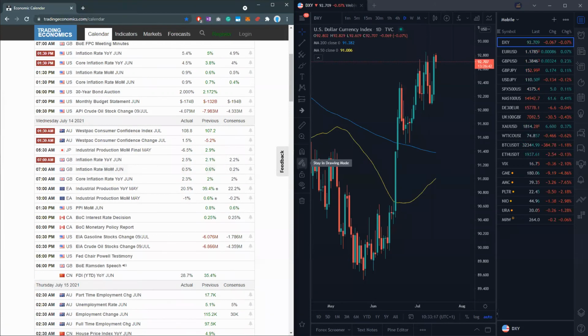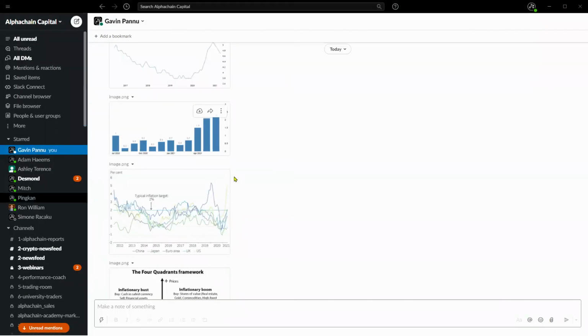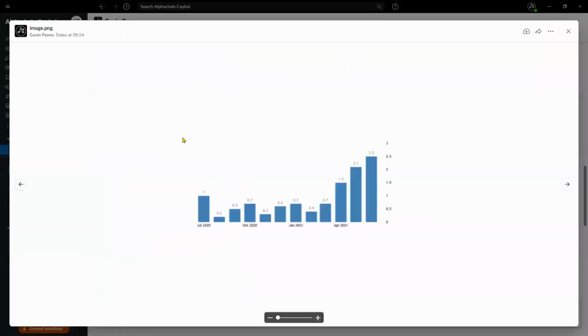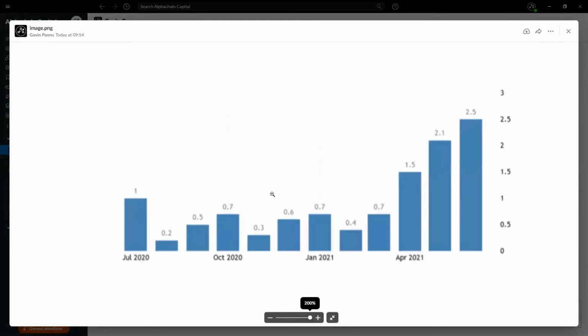Let's bring up our community again. So this is your inflation rate currently, with the most recent data from this morning at 2.5%. And this is growing, right?